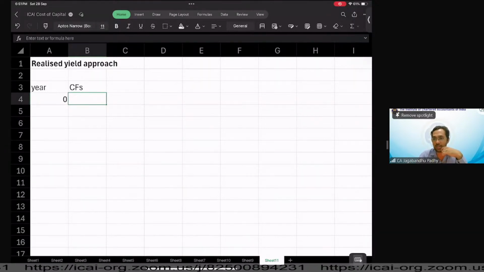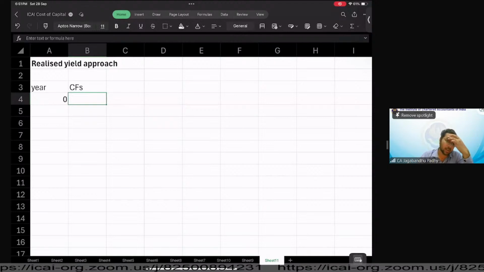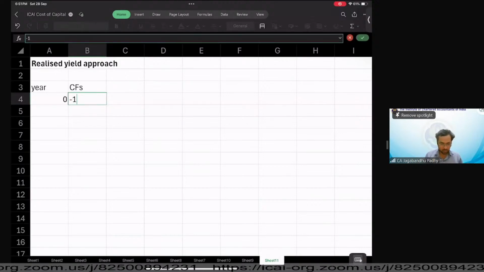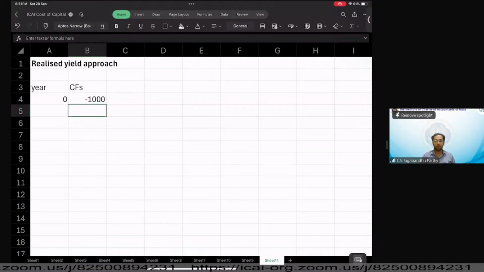Will that 1,000 be an inflow or outflow? It will be an outflow, right? This is an outflow of 1,000.